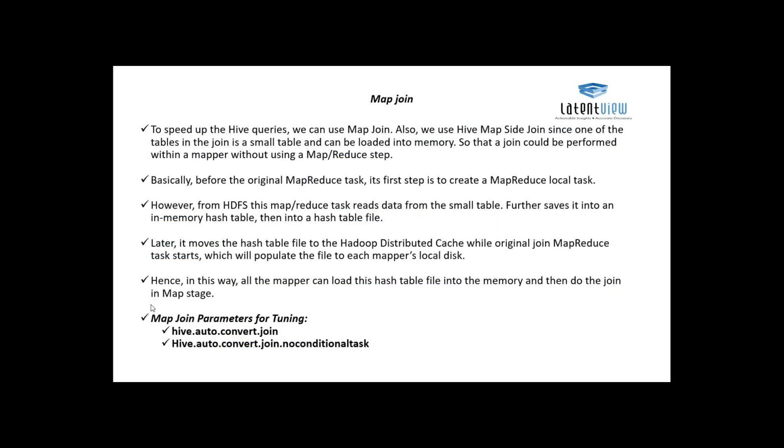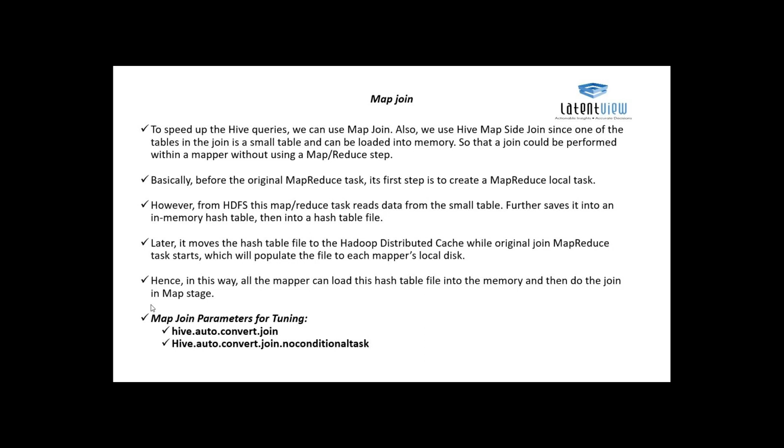Okay, the next performance optimization we are going to discuss is joins. Everywhere, be it SQL or any place, a query will not be complete without using a join. Similar to SQL, Hive also has joins: inner join, left outer join, right outer join, outer join. It follows the same mechanism as SQL, with not much difference.